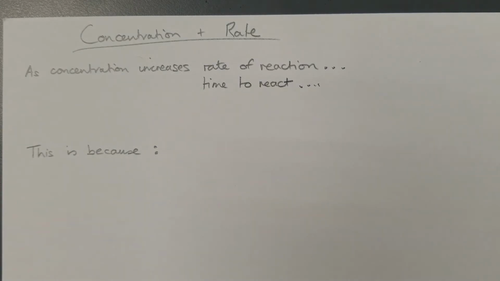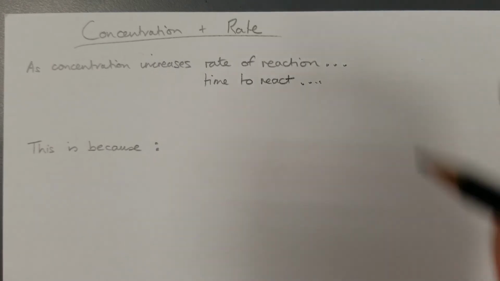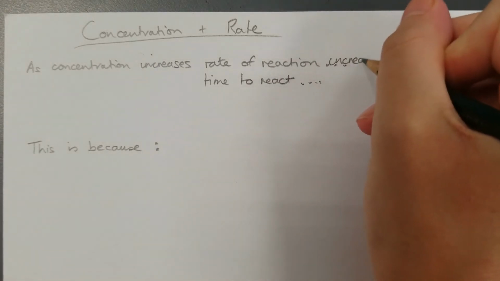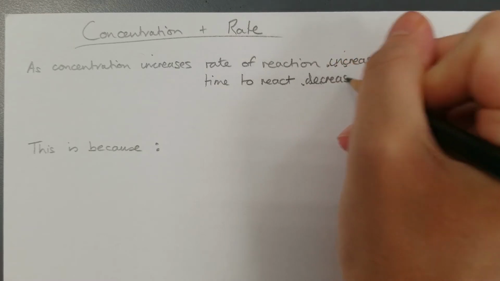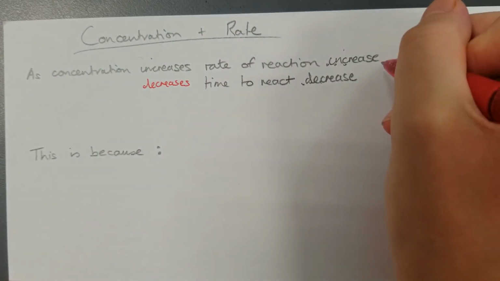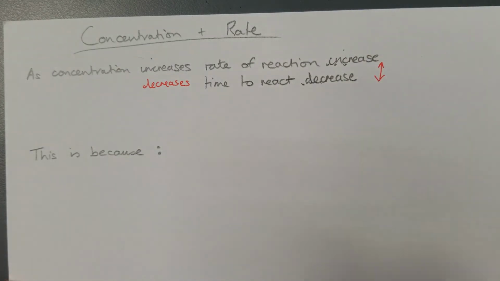So hopefully you have worked out, as concentration increases, our rate of reaction will increase and our time to react will decrease. And like before, if I decreased my concentration of my reactants, I would swap these 2 around again. Same idea.